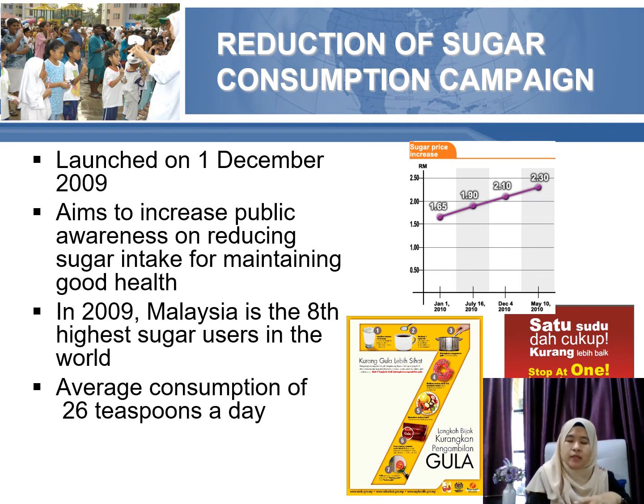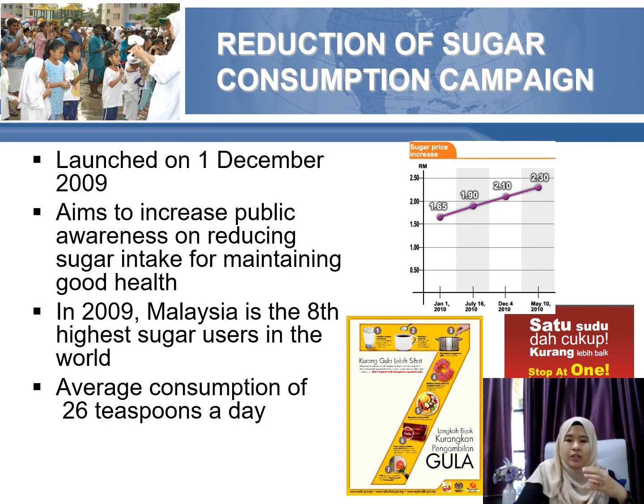This campaign was launched on 1st December 2009, with the motto 'Satu sudu sudah cukup', stop at one, less is better. The aim of this campaign is to increase public awareness in reducing sugar intake for maintaining good health. In 2009, Malaysia was the 8th highest sugar user in the world.